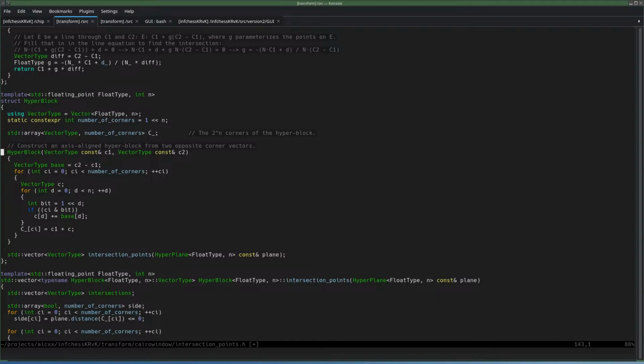Yeah, so in the case of the hyperblock, you can define the whole hyperblock with just 2 points, because every dimension has a side. So by adding the length of the respective side to each of the coordinates, you get the opposite point, and then you have all the sides.